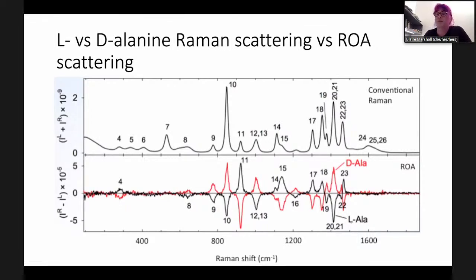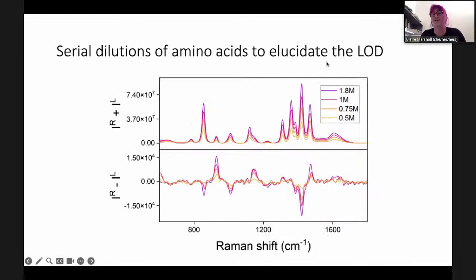So what happens when we progressively serial dilute this solution to try and get as close as we can to realistic concentrations? Again, the top spectrum here is conventional Raman spectroscopy. And we start out at 1.8 molar, and we progressively serial dilute down to about 0.5 molar.